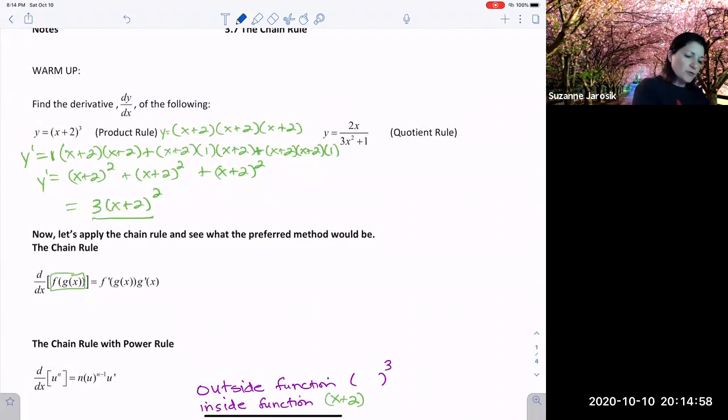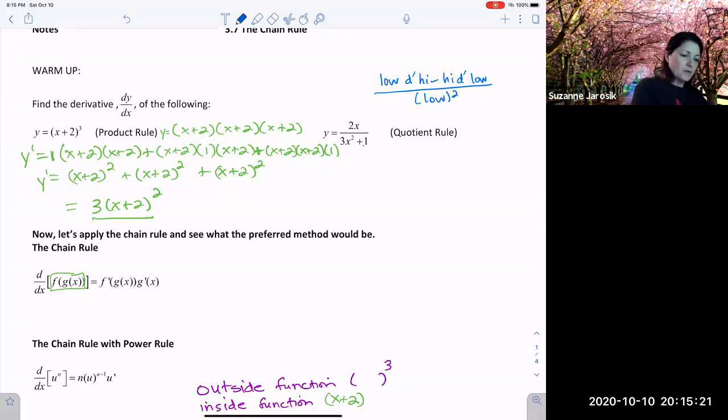Quotient rule says low d high minus high d low over low squared. So my students probably saw me do this in class, right? So I'm just going to explain it. Low refers to our denominator.